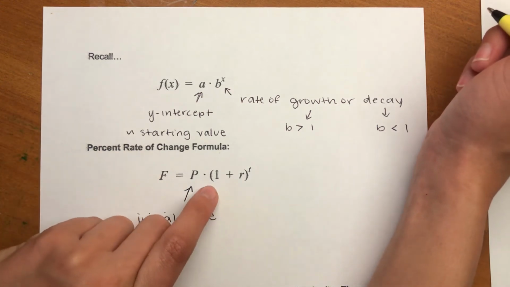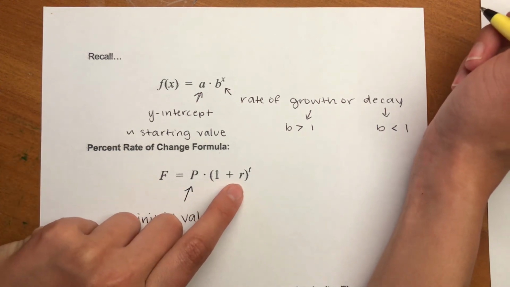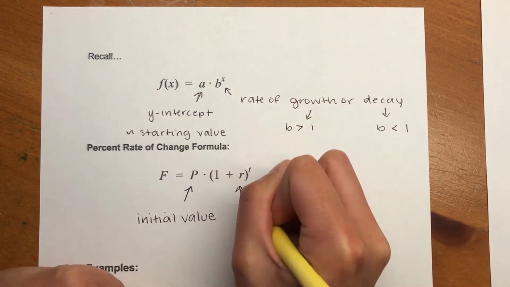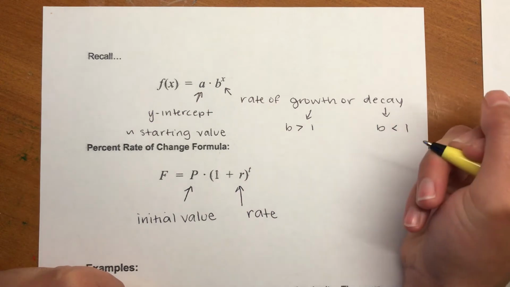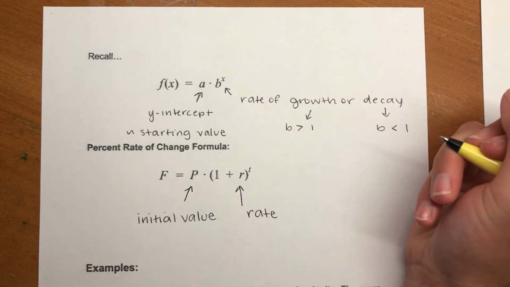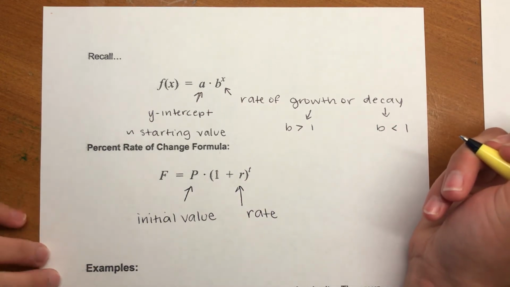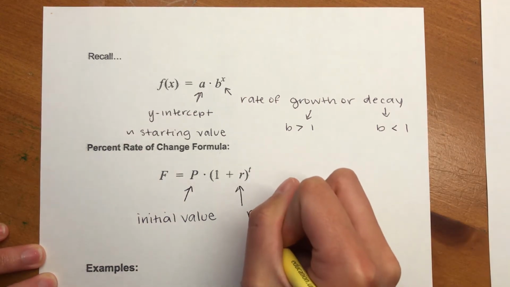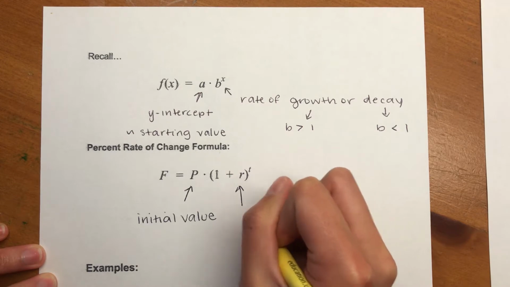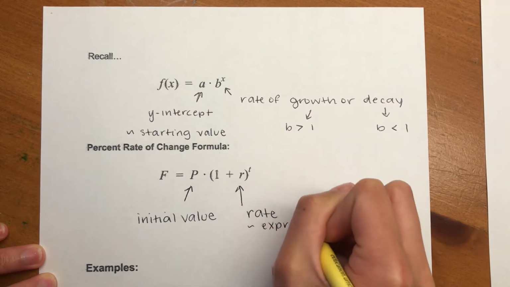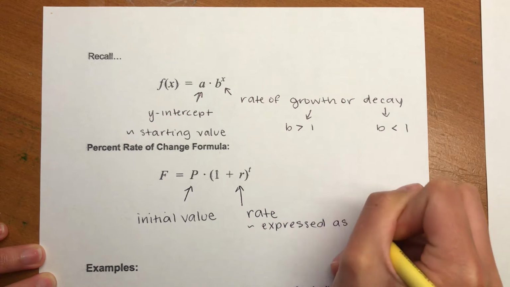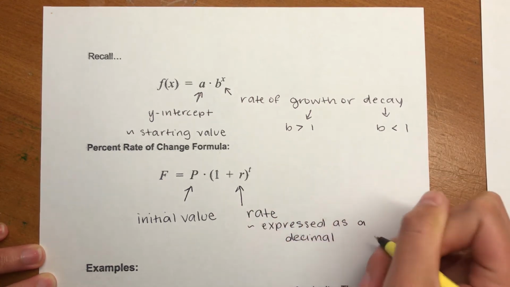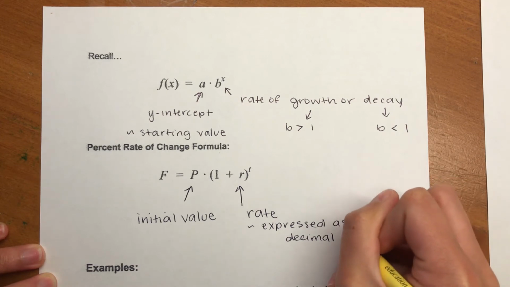And then in here, instead of B, we have 1 plus R. So R is now going to be our rate. And our rate is always going to be expressed as a decimal, like how we did in the do now, okay? So this rate will always be expressed as a decimal instead of a percentage.